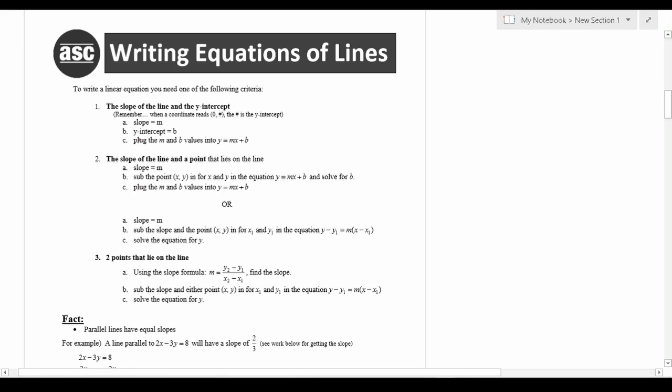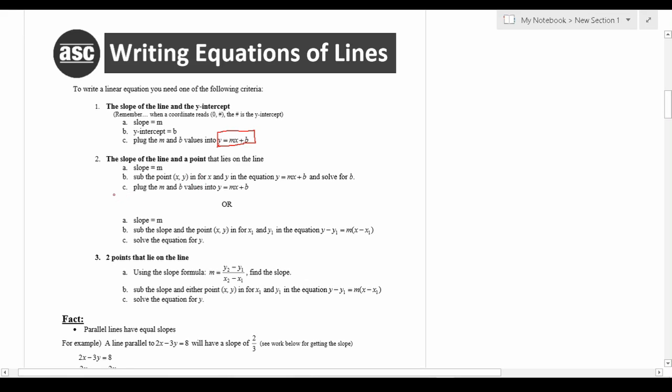As you can see, when you're just given the slope of a line as well as its y-intercept, you're given m and b, and you simply plug those two values into the slope-intercept equation of a line, and you're done. It's literally identifying what you have, plugging things in, and moving on. When you're given the slope of a line as well as a point that's on that line, you have 2 options.